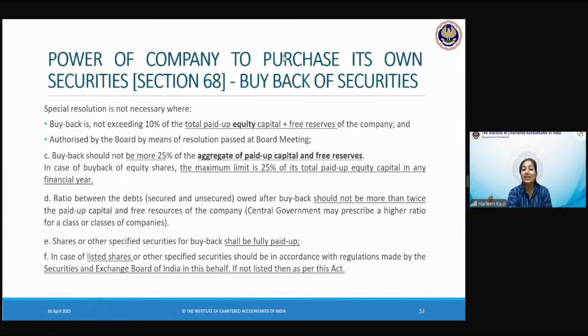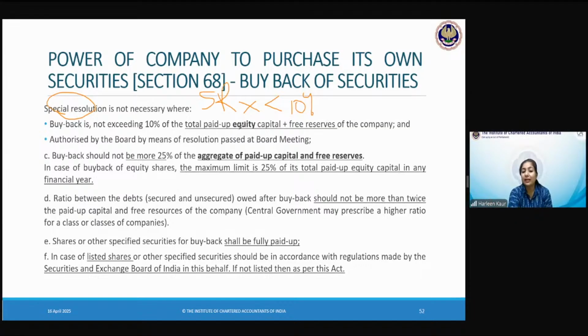Now again, two exceptions. Buyback, listen very carefully. There are two exceptions when SR is not required. So I told you SR is required to be passed whenever you are doing the buyback of securities. What are the cases where SR is not required? Where the buyback is not exceeding 10% of the total paid up capital and free reserves of the company.